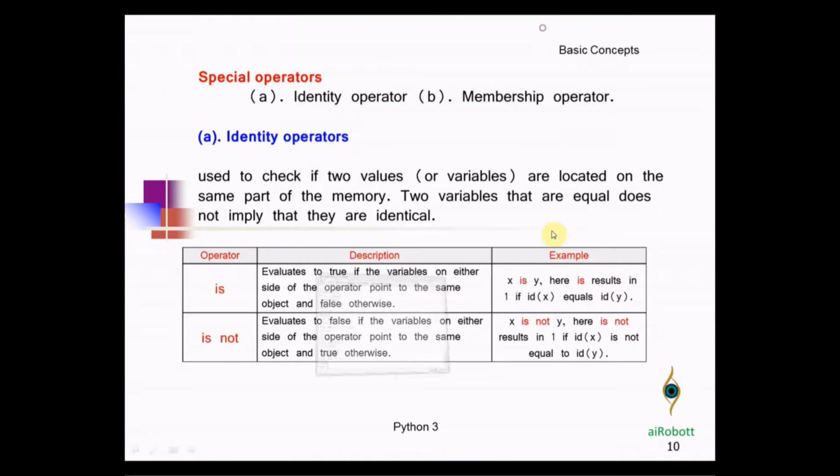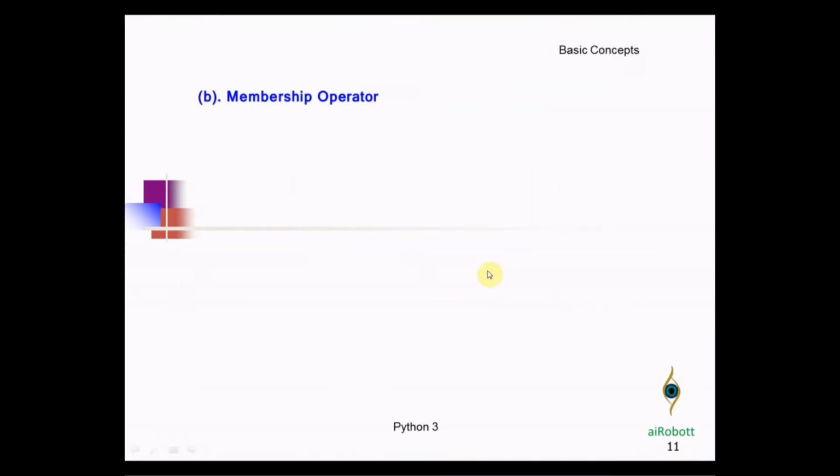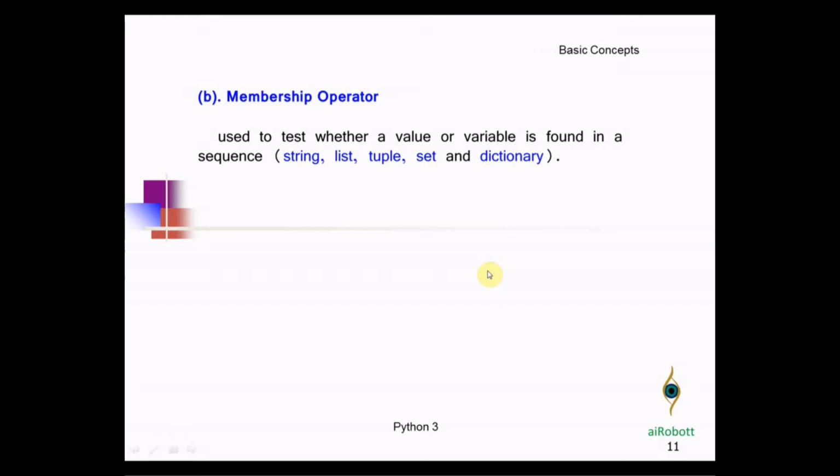Okay. Now we will see membership operators. These are used to test whether a value or variable is found in a sequence: string, list, tuple, set, and dictionary. In a dictionary, we can only test for the presence of a key, not the value.